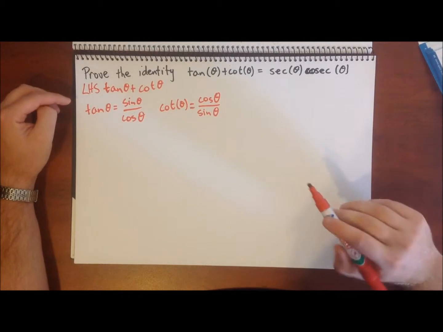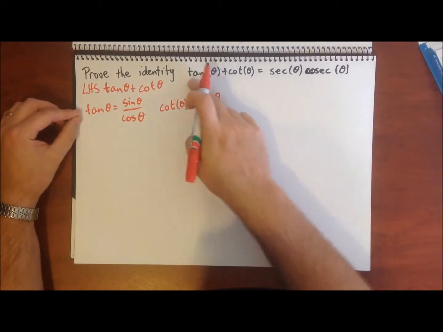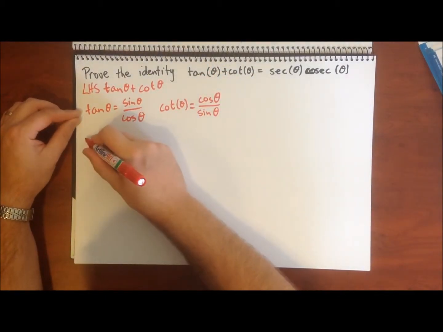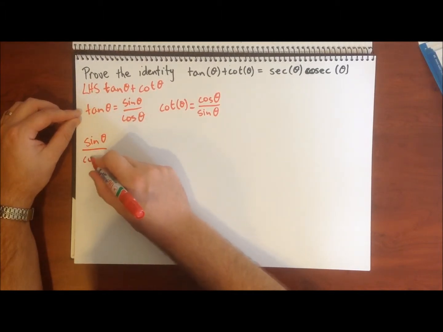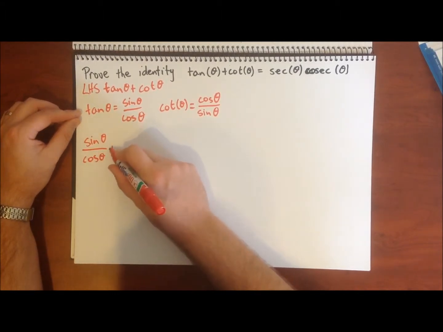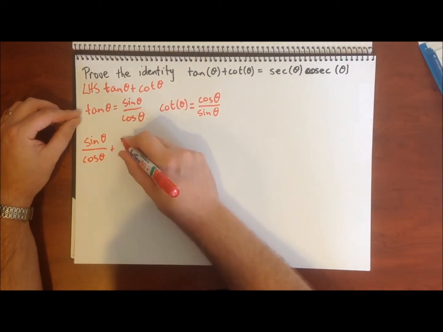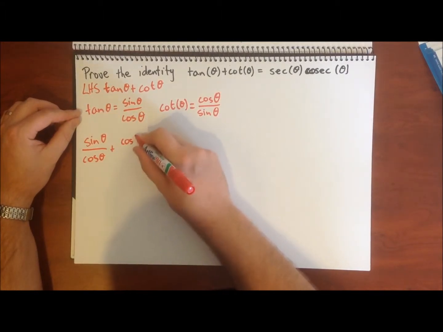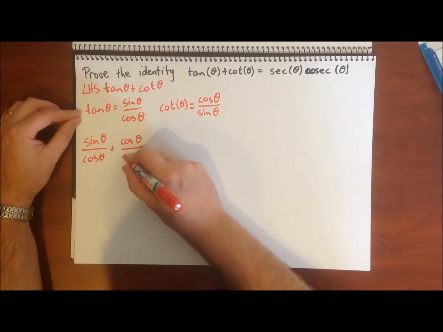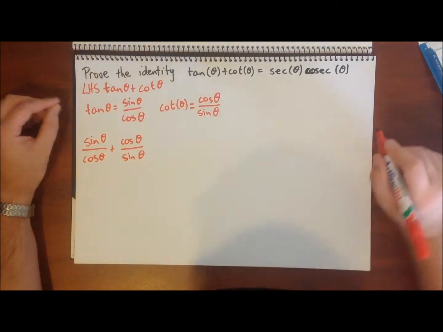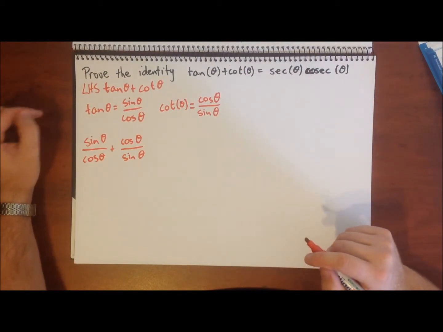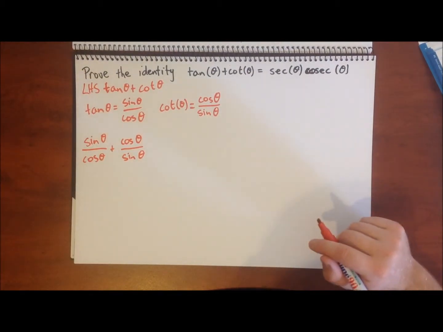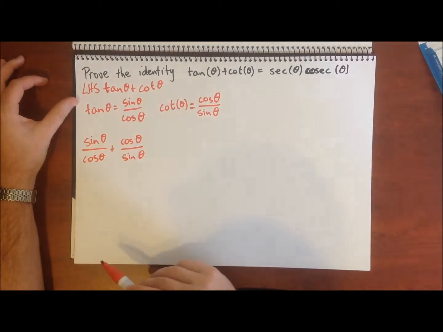So our left hand side can be written as sine theta over cos theta plus cos theta on sine theta. So that's our left hand side. If we look at adding our fractions, here what we're going to do is get a common denominator.